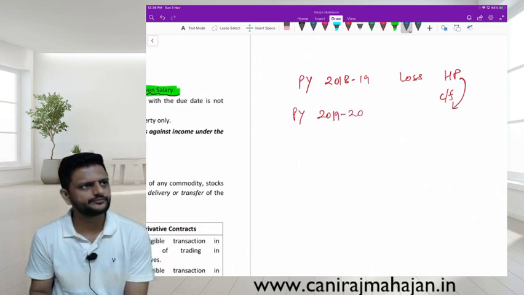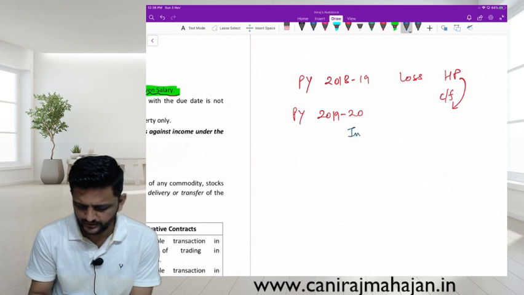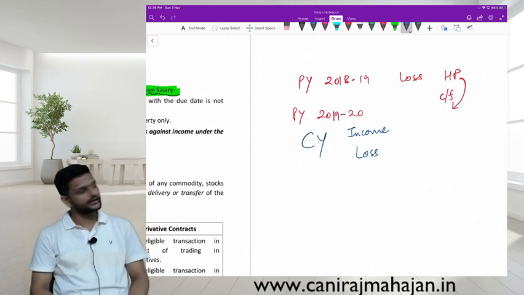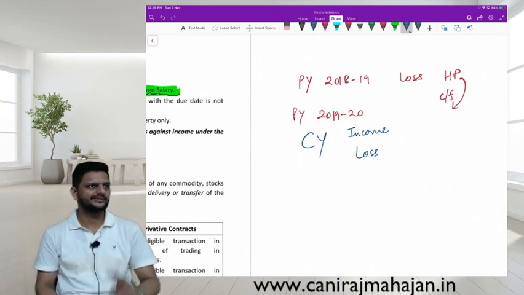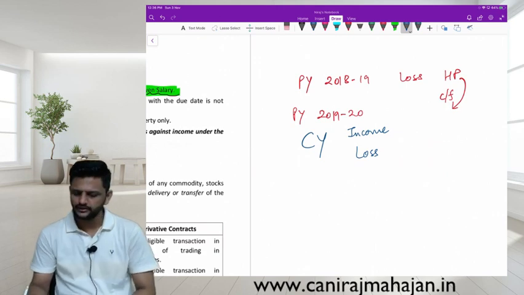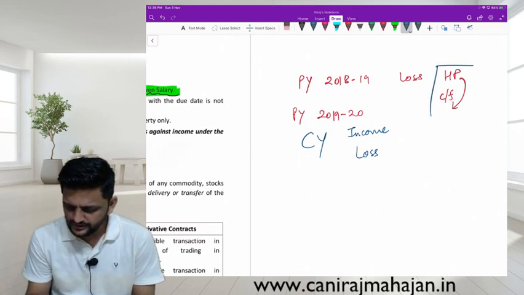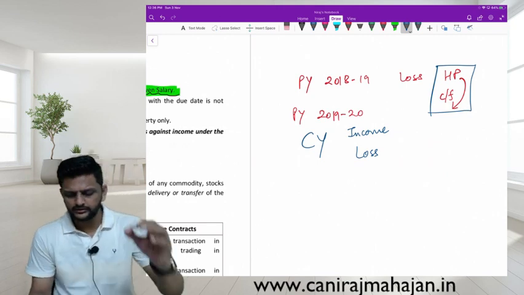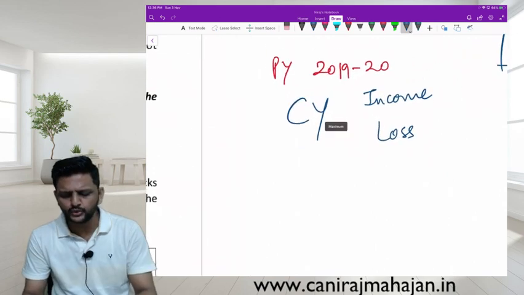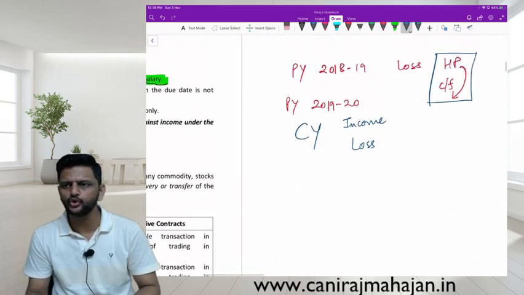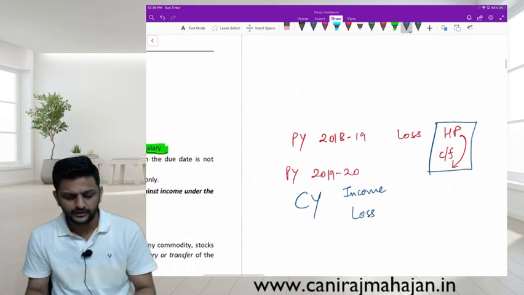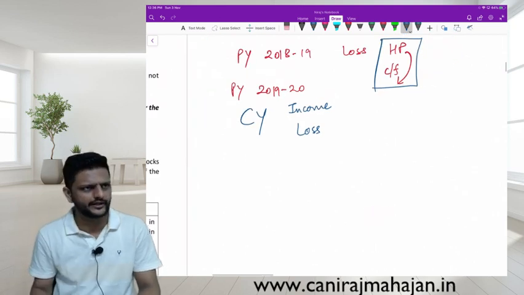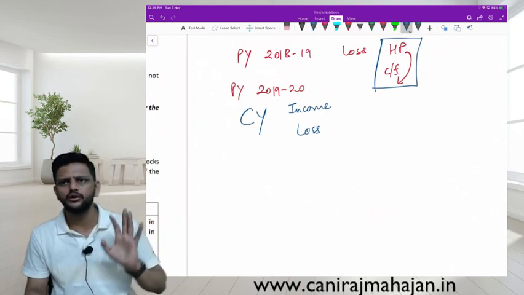Every year there may be income or loss, but current year income or current year loss, that you have to now differentiate. Now HP loss can be carried forward to 19-20. Yes or no? The carried forward loss, does it belong to 19-20? It belongs to 18-19. But there can be a loss in 19-20 also, which relates only to 19-20. So that becomes your current year loss.